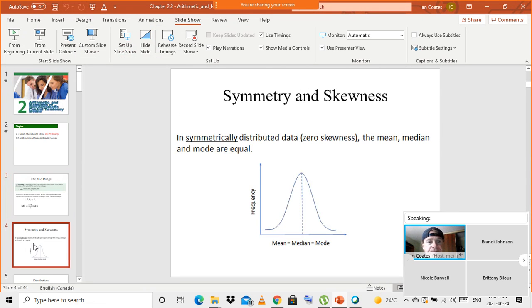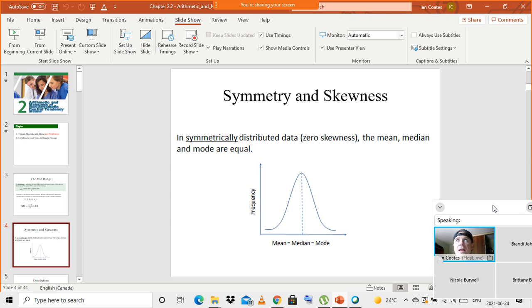Let's move it. As promised, the first test is dealing with organizing data, taking mashed potatoes and making some sense of it. You guys are doing great on all that stuff. Where we're moving to is looking at the data as a whole.